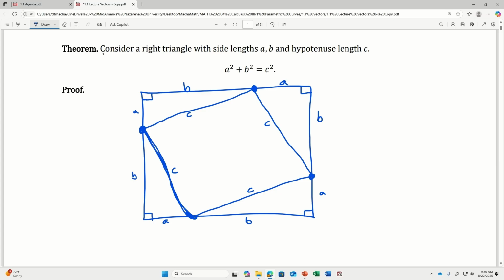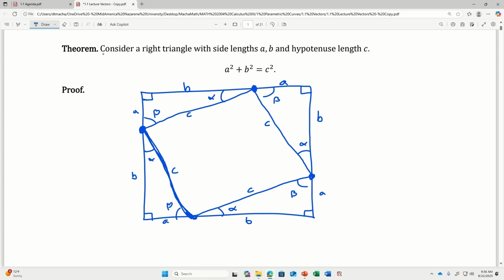And again, since these triangles are congruent, I can label these angles, and they should be the same angle. So I'm going to label the angle alpha as the same everywhere. And then this angle beta is the same for all 4 triangles. Okay, everybody's still good.